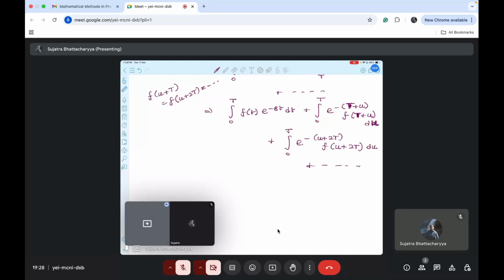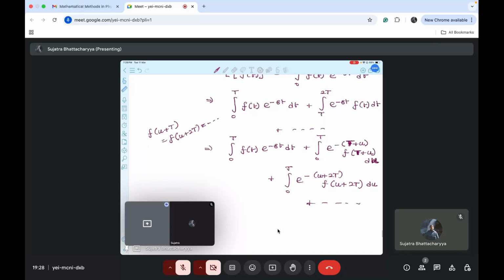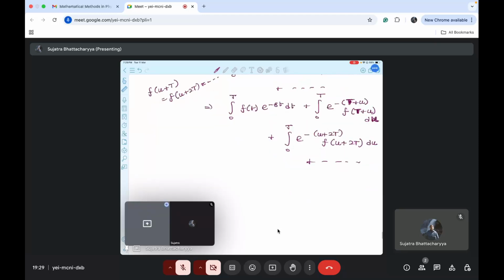Fine. So instead of T to 2T, we are just converting it into the same 0 to T and writing it as this kind of integral.